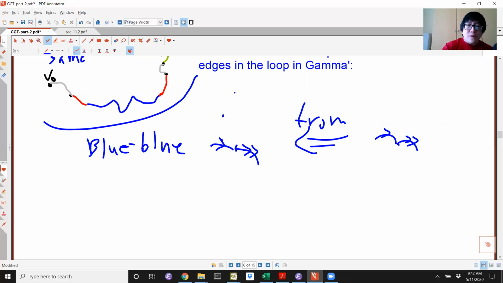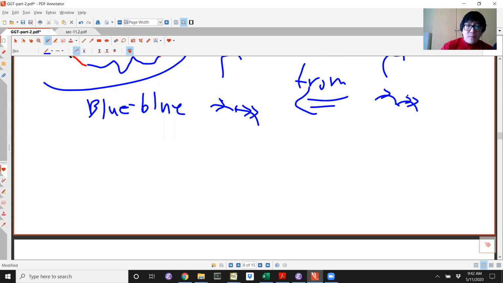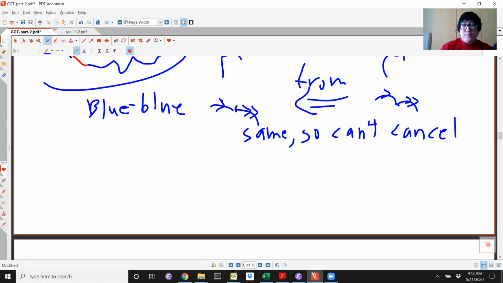So on the left we're in gamma, on the right we're in gamma prime, and so these can't cancel because they're the same. So they can't cancel. Another possibility is we could have a blue edge next to a red edge.